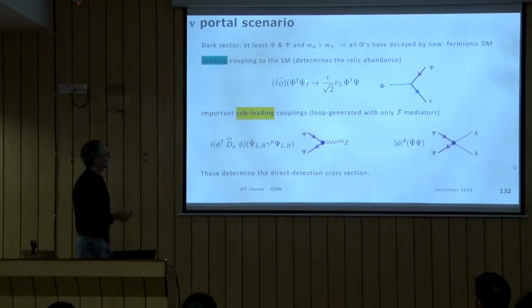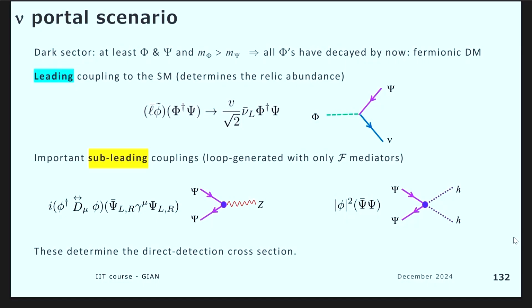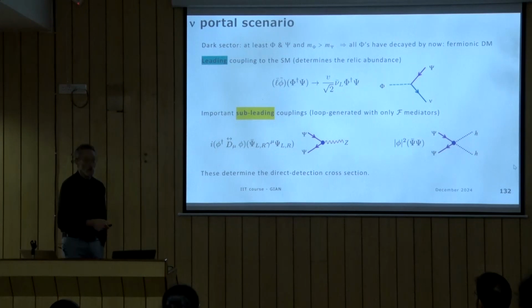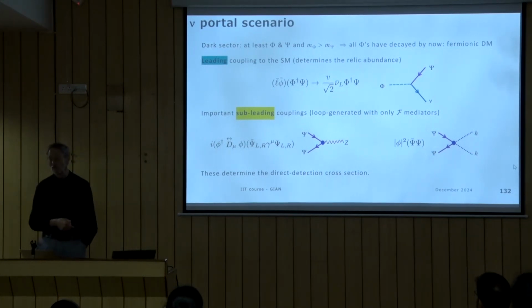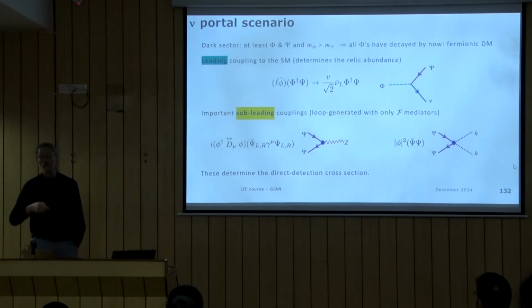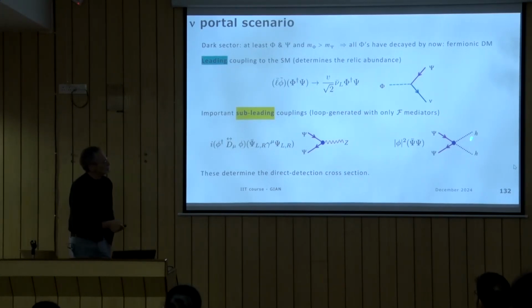So the leading interactions are these: neutrino, phi dagger, psi, like this. The subleading interactions are these. They're suppressed by loops. They are not necessarily loop-generated operators. If you had a scalar mediator, it could mediate between two Higgses, a scalar, and two fermions. I mean, there's no problem with that.